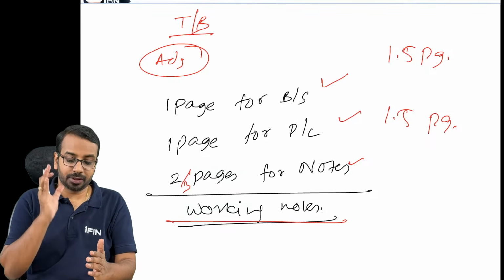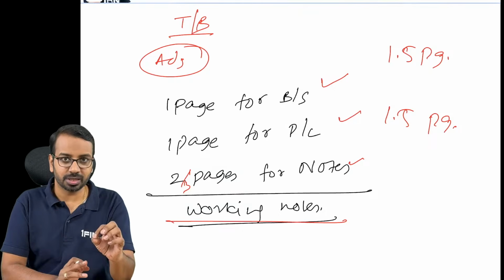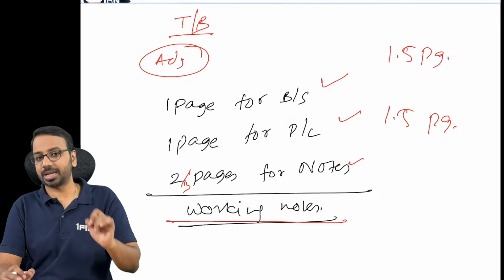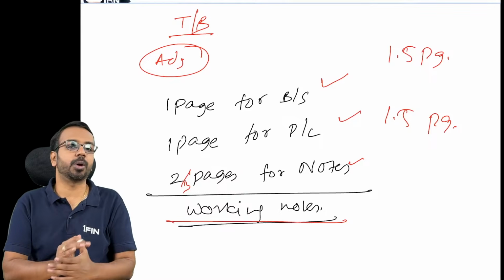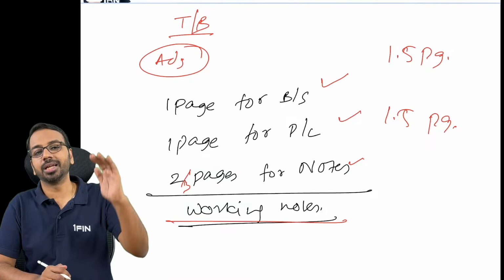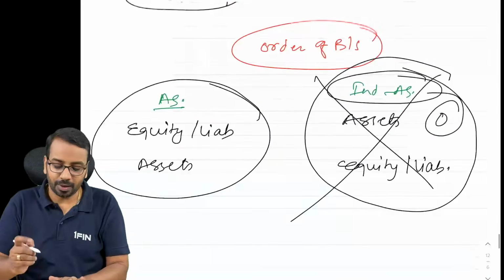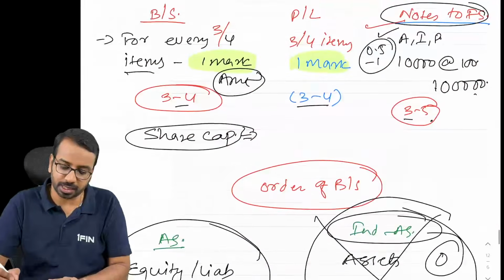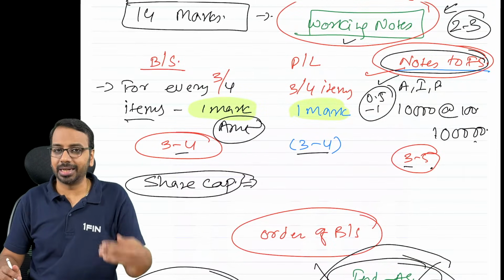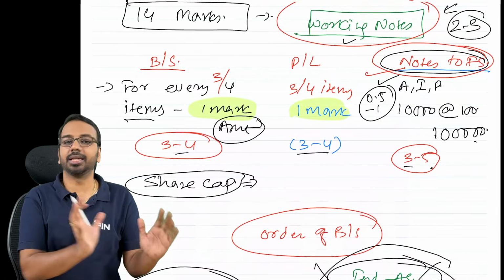Now, we have understood the concepts. We have understood important areas that you should focus on. In tomorrow's class, we will take up an actual question and we will see how to prepare a balance sheet and P&L in a structural flow. Now, as far as these notes to financial statements are concerned, we have not yet done this in detail, and I don't want to do that in detail initially.